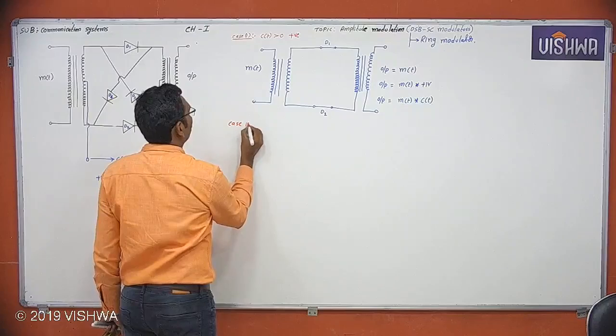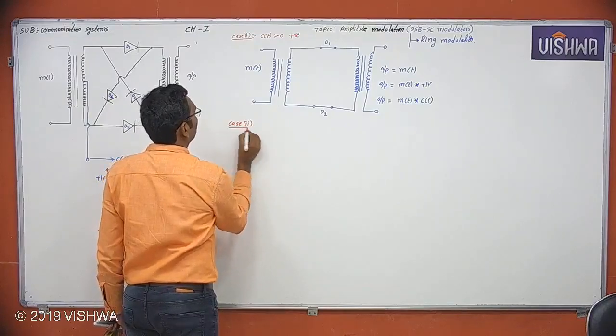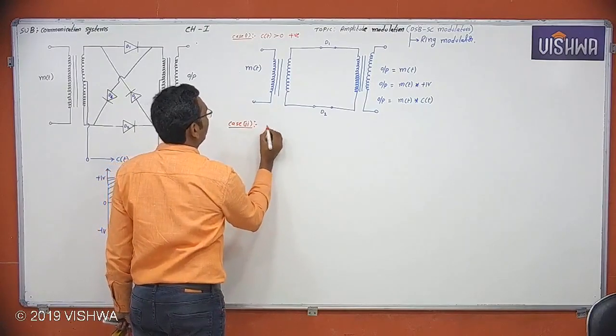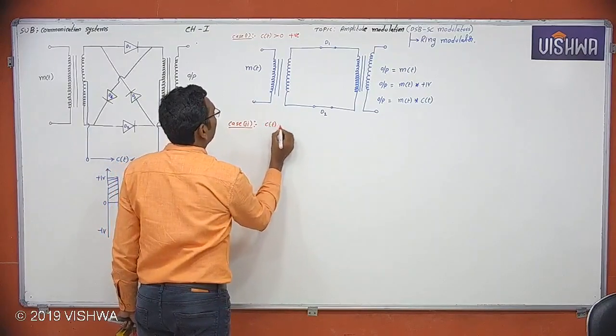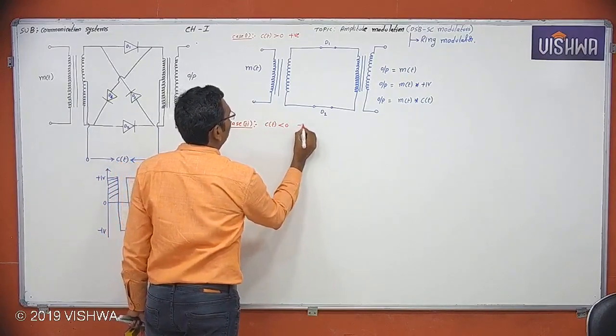Now case 2, when C of T is less than 0, means negative side.